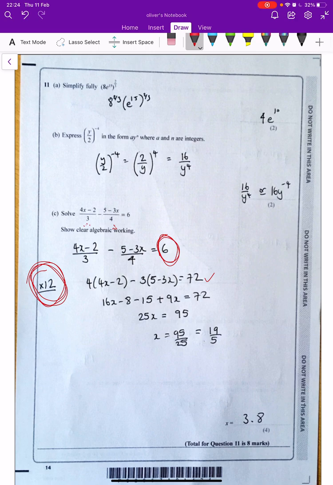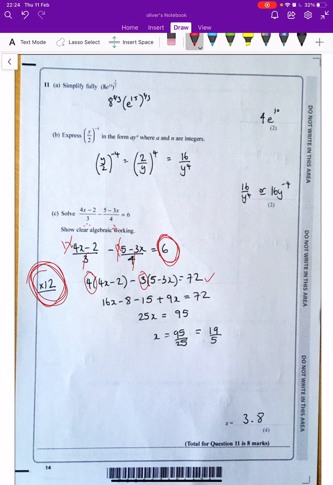If you multiply this bit by 12, essentially what happens is the 12 and the 3 cancel, and you end up with the 4 multiplying through on the top. If you multiply this one by 12, the 12 and the 4 cancel, and you can multiply that bracket through by 3. Okay, expand the brackets.